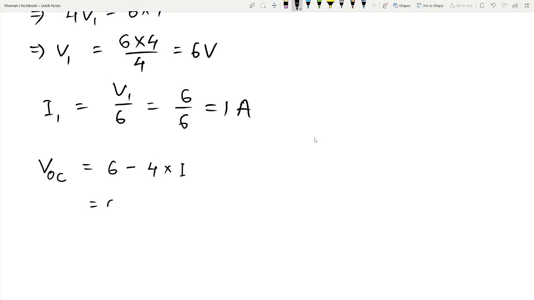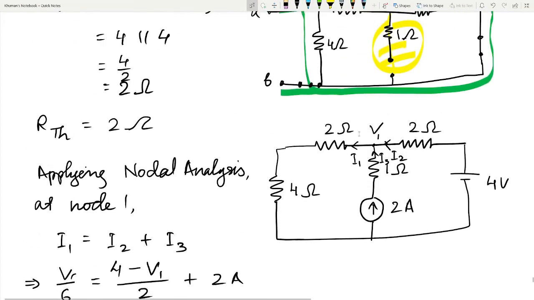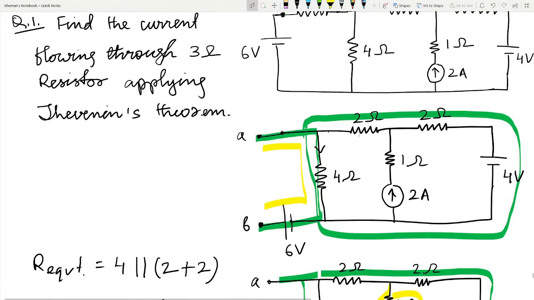Okay, so this is 6 minus 4, it is 2 volt. Now VOC is found out as 2 volt, where the positive terminal is at B.